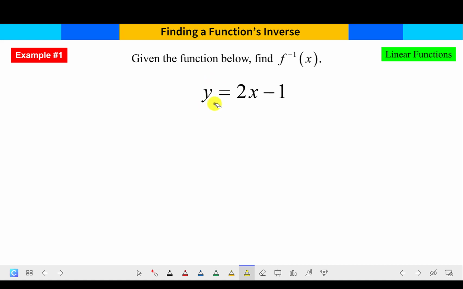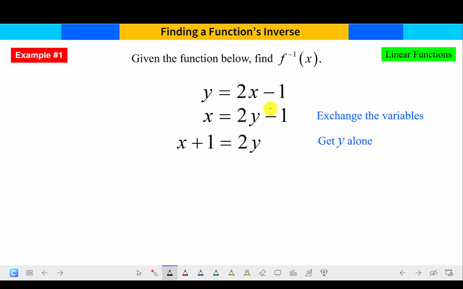So step one is to swap variables: I'm going to exchange x and y. The reason I do this first is so that I don't forget. Because I'm writing another function, my whole objective now is to get y alone. To get y alone, I add 1 to both sides, divide by 2, and I get to here.